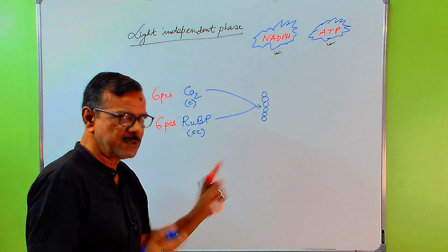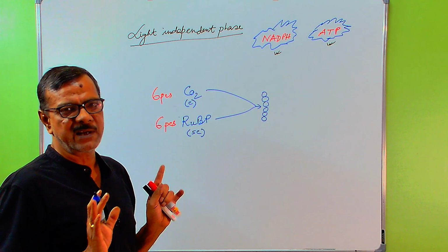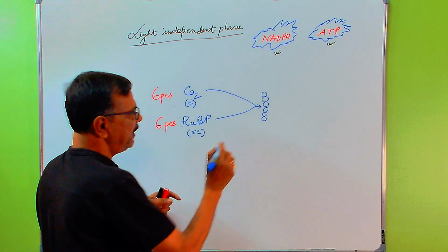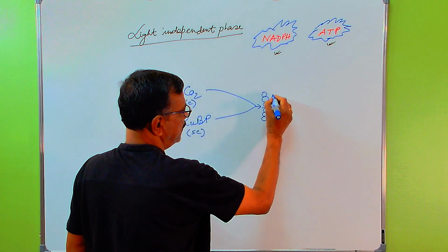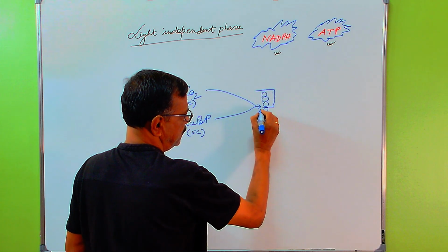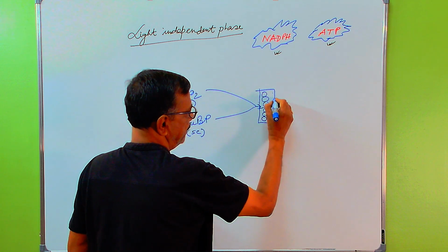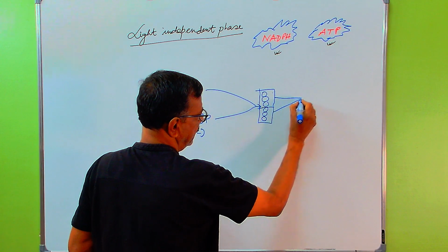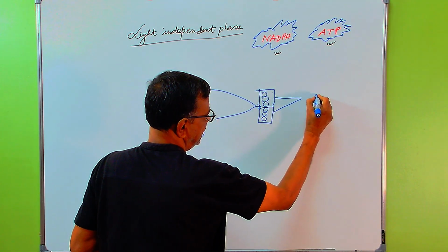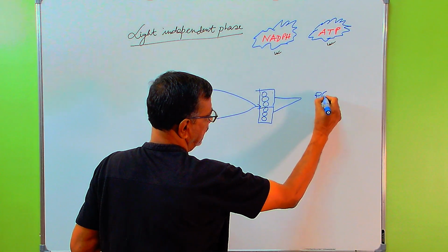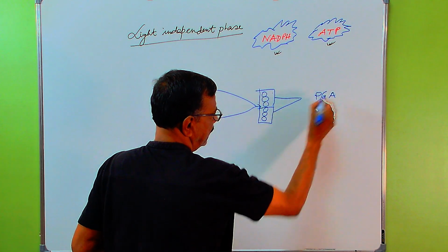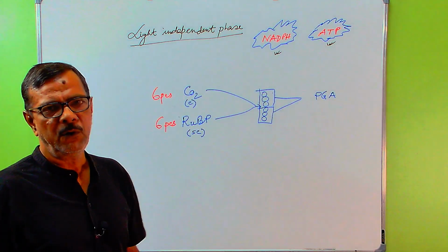It is unstable. So immediately it breaks up into 2 molecules of 3 carbon each. These are called PGA, known as phosphoglyceric acid.